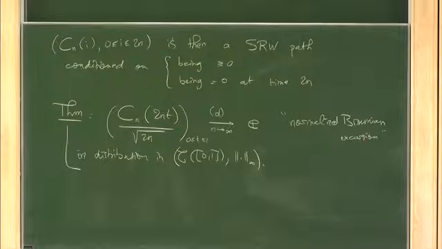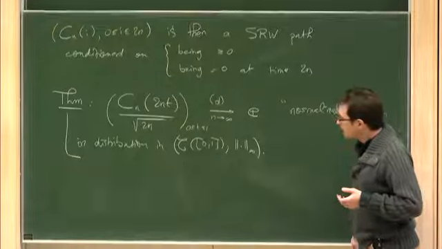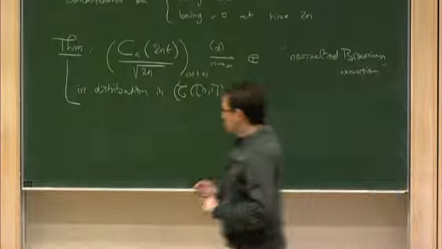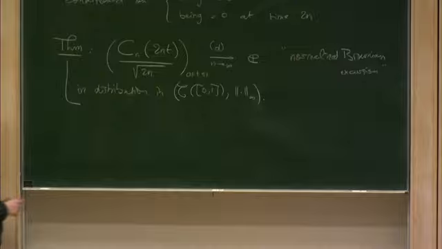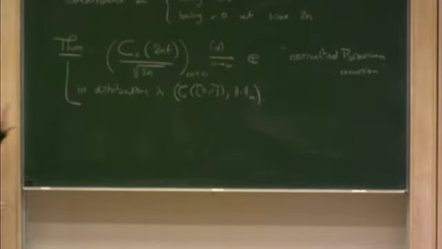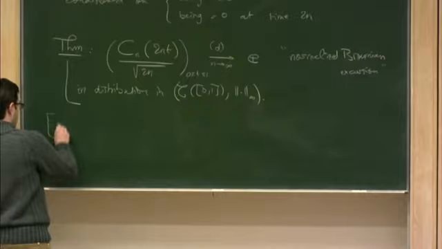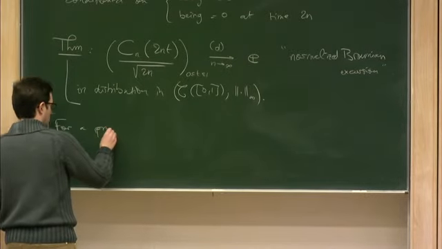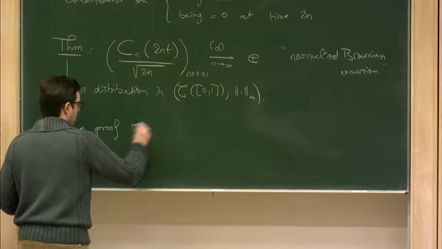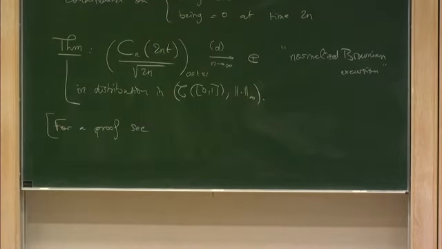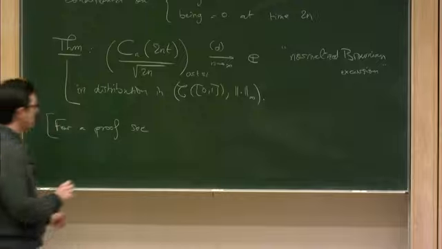Again, I'm not going to give a full proof, not even a sketch actually. I'm just going to comment on this theorem. There are actually several nice ways to prove this theorem.